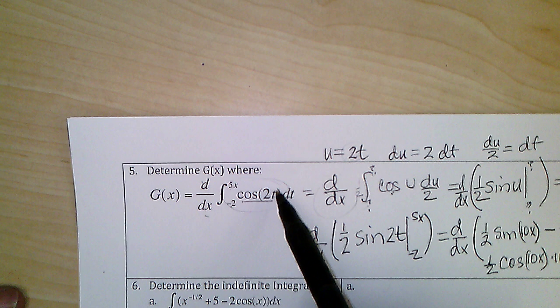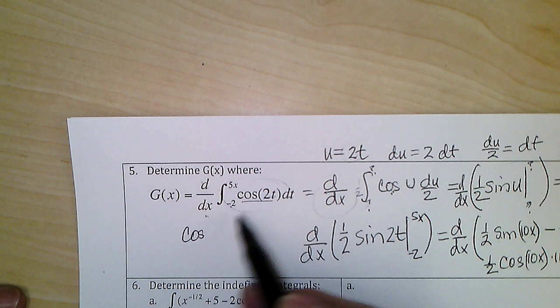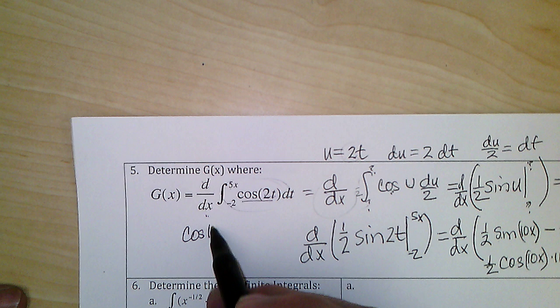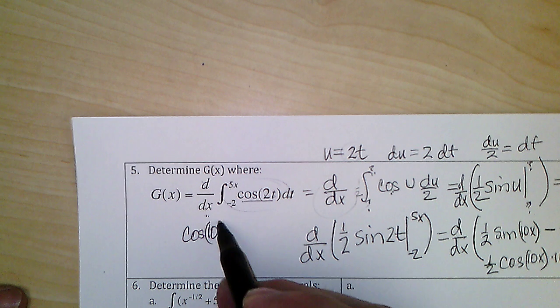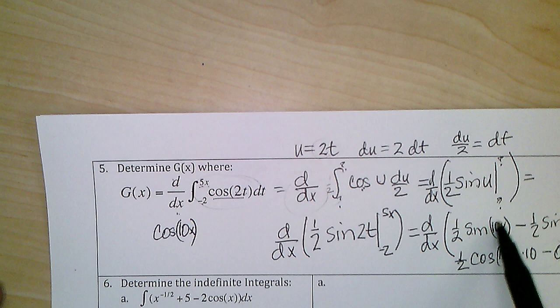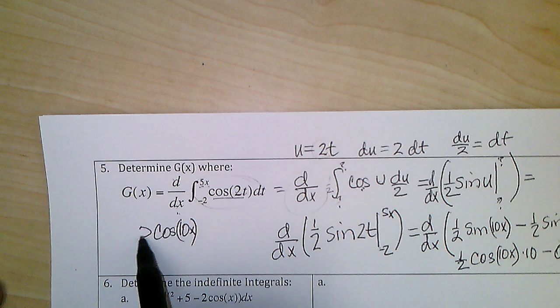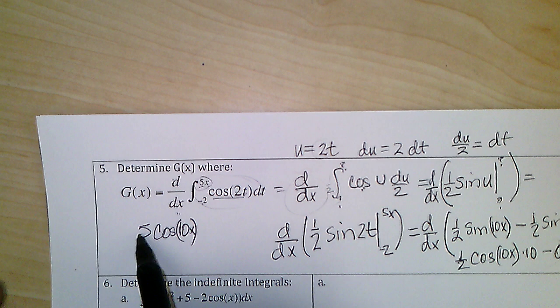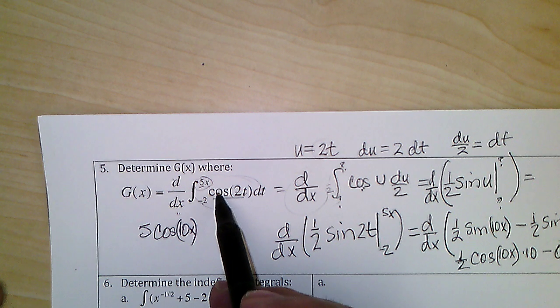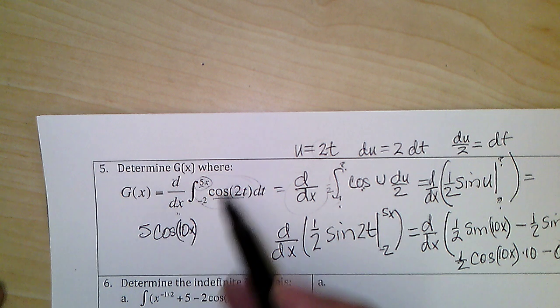So we can just put the 5x in for the t, and we get cosine of 2 times 5x, which is 10x. But we're putting 5x in, and we had to take the derivative of that 5x, which came out and canceled with a half and made just a 5. Just take the derivative of this times cosine of 2 with the t replaced with the 5x.